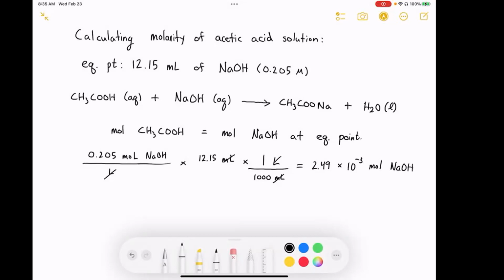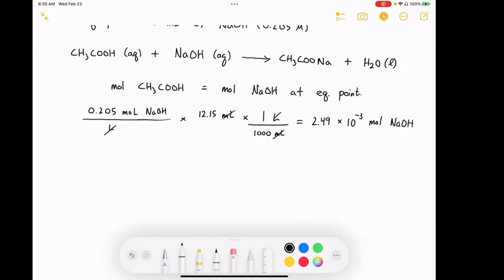Now, since we know that moles of sodium hydroxide equals moles of acetic acid at the equivalence point in a 1-to-1 ratio, this means we have 2.49 times 10 to the negative third mole of acetic acid. Let's just write that down to illustrate.